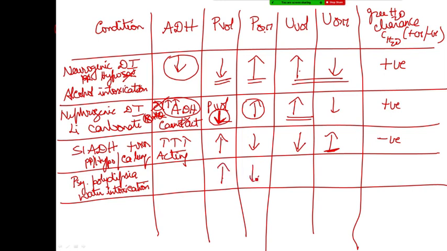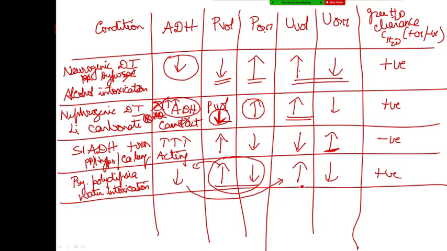Osmolarity will decrease. Now, because of this change, what will happen to your ADH secretion? Decrease. And following this, what will happen to your urine? Just imagine you drank 10 glasses of water. What will happen to your urine? Output increases, and osmolarity will decrease. Free water clearance will be positive.